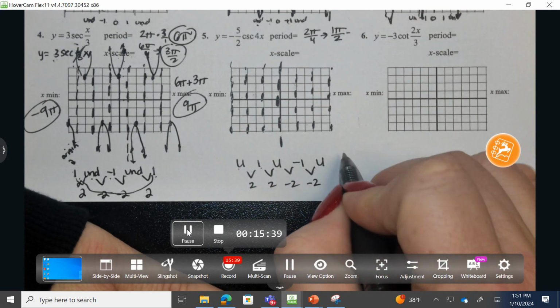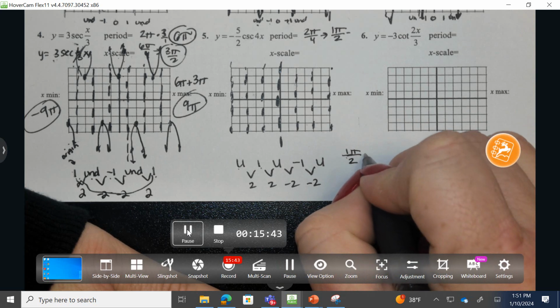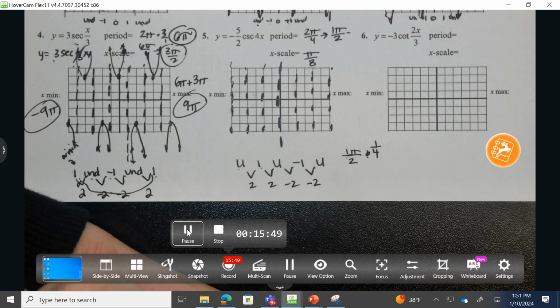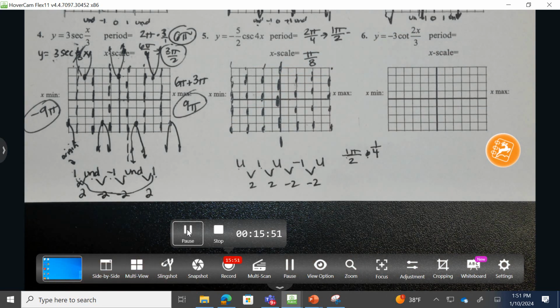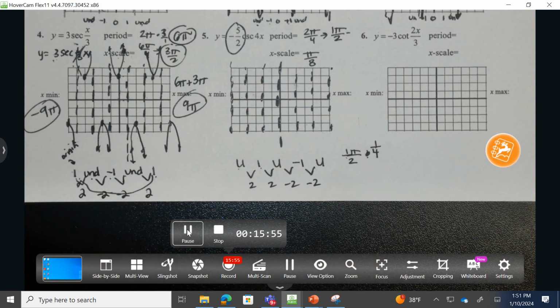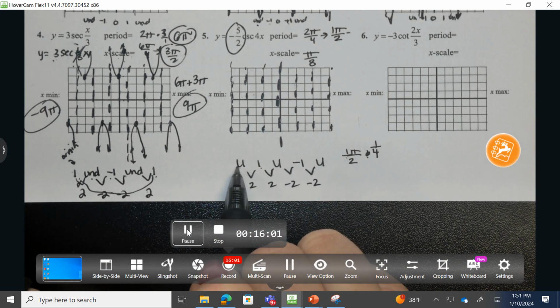Let's bring this back down here. 1 pi divided by 2. 1 pi divided by 4 is the same as multiplying by 1/4, so I get 1 pi over 8, or pi over 8. All right, let's go ahead and start graphing here. This is what I need to multiply, negative 2.5. So I already have at the origin, undefined.